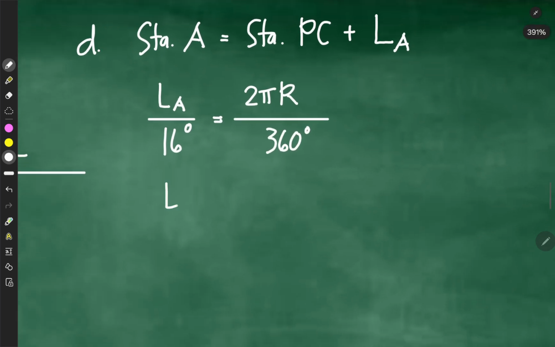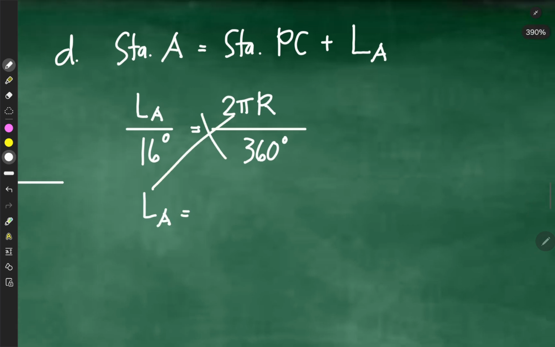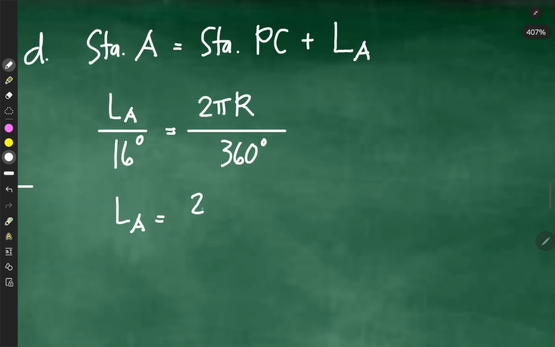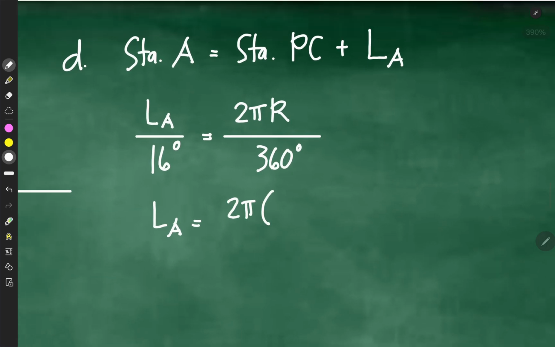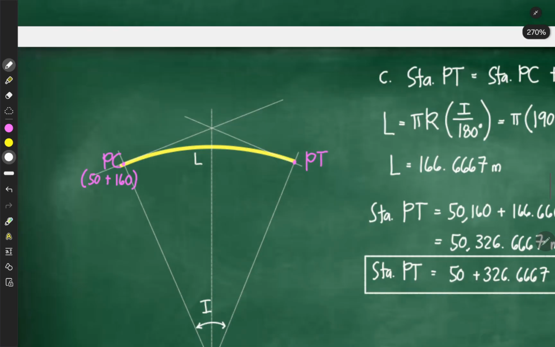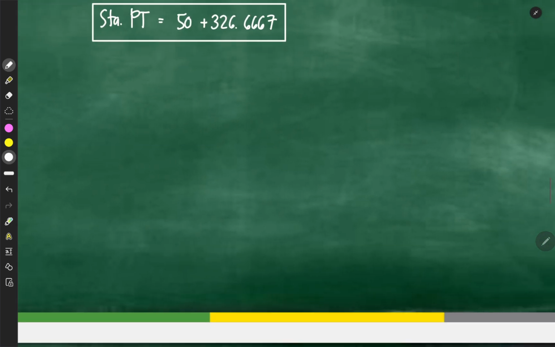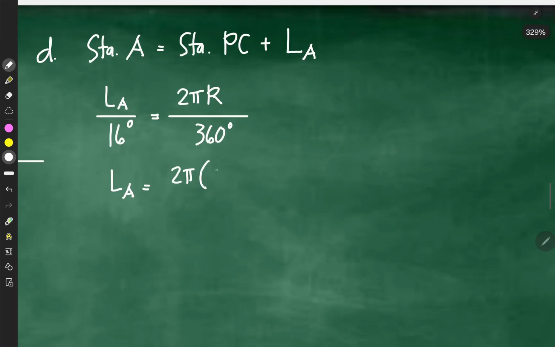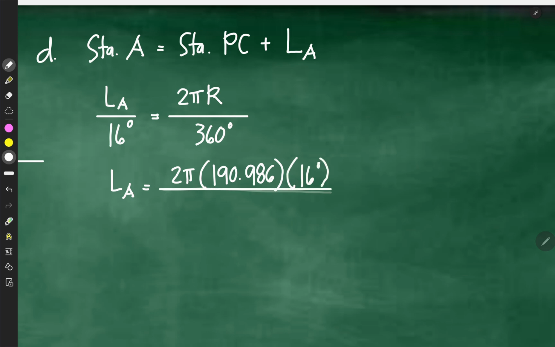So to solve for LA, cross multiply, substituting the value for our radius, that is 2 pi times our radius, 190.986, multiplied by 16 degrees divided by 360.